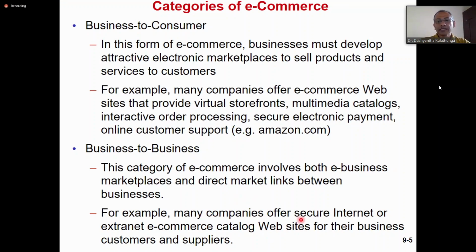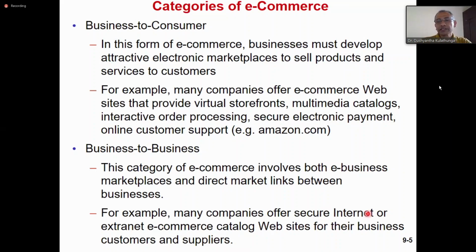For example, many companies offer secure internet or extranet e-commerce catalog websites for their business customers and suppliers. This example is related to the direct transactions that can take place between two business organizations.